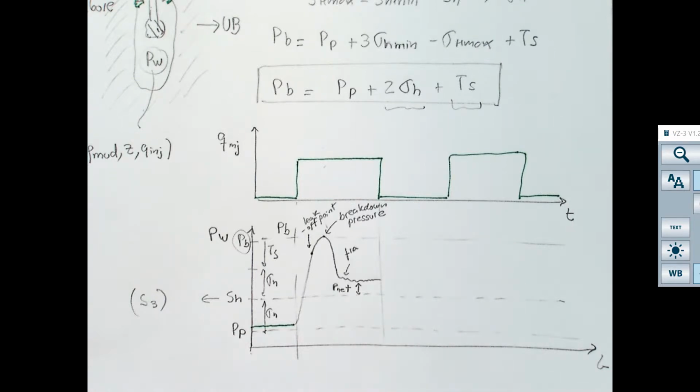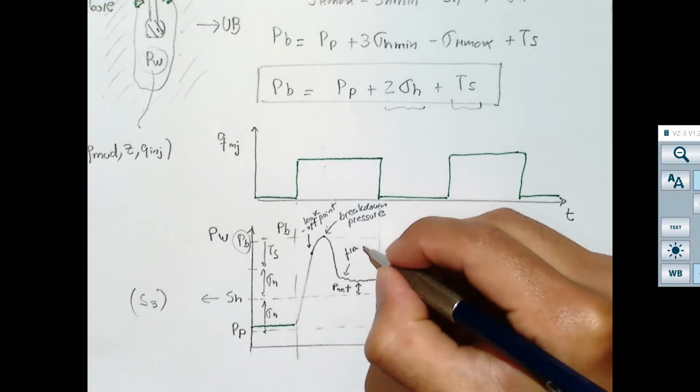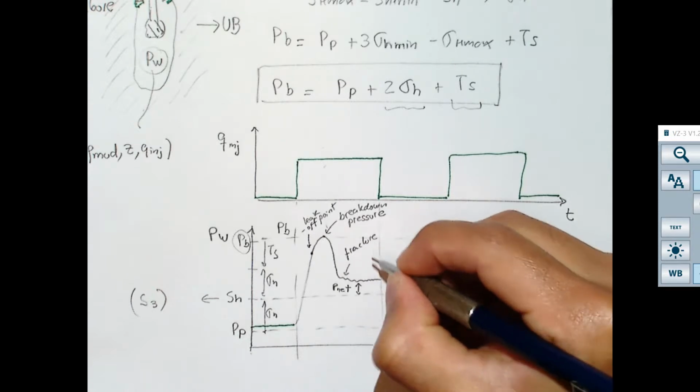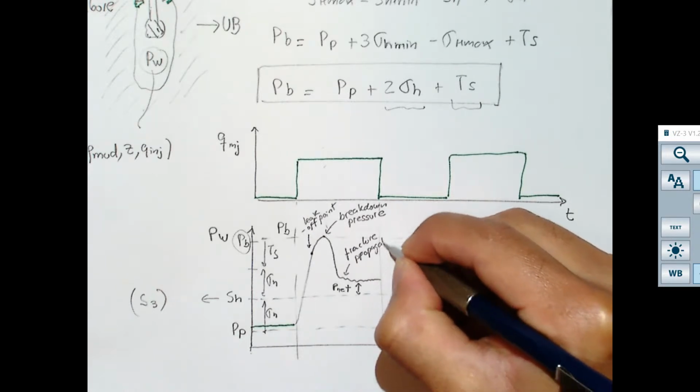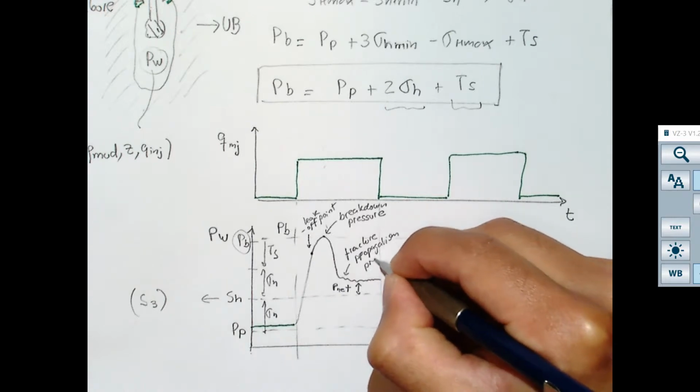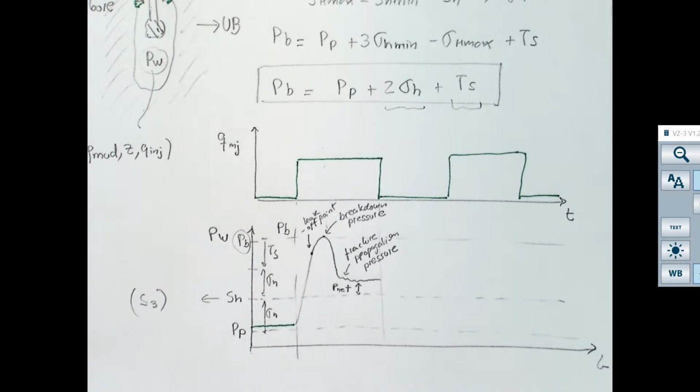Sometimes, if the fracture gets a lot longer, it may go down or it may go up, but for relatively short fracture it is about constant, and this is the fracture propagation pressure. And up to now, we're good.